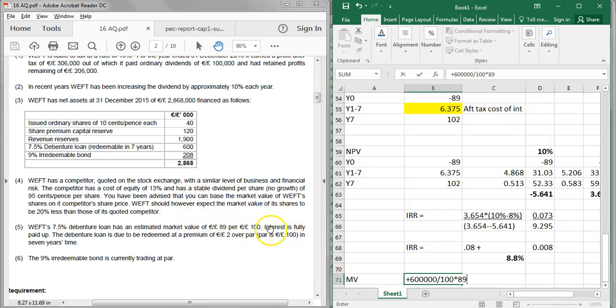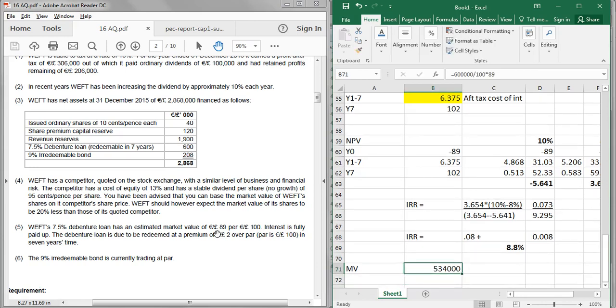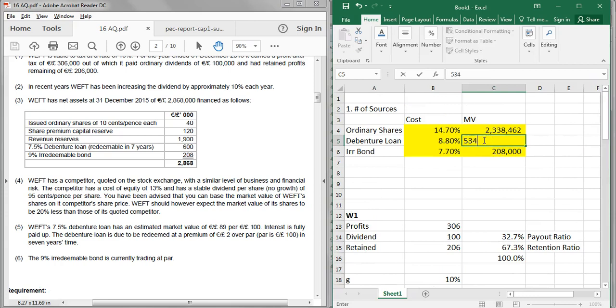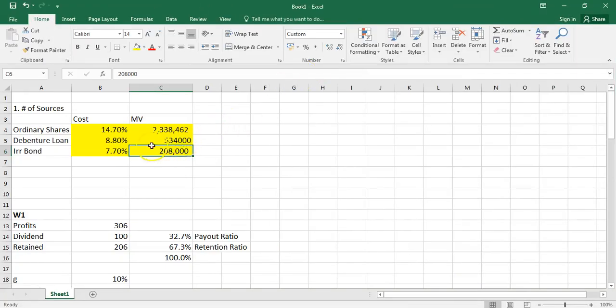We don't have to adjust for interest because we're told interest is fully paid up. That means the 89 is already ex interest. If it wasn't, we'd have to adjust for that. So the market value there is 534,000.